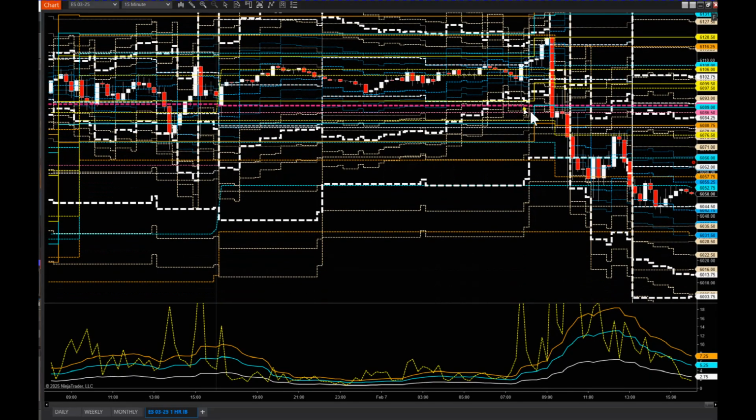And I think I already have the 1 hour IB on here. So that's that first hour of trading from the open and close of the RTH session. So when you're inside the range, you're not looking for range expansion and you stay inside your levels. When you go outside that, that's when you plan for your range expansion.